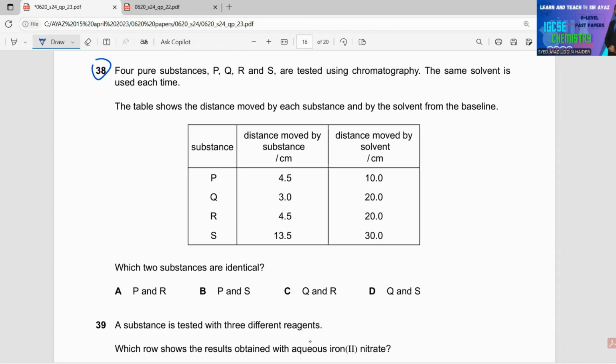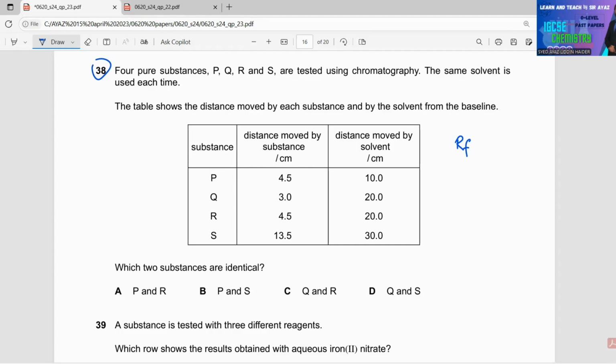We have substances P, Q, R, and S. The distance moved by each of these substances is mentioned here, as well as the distance moved by the solvent. So what I'm going to do, I will calculate the Rf value for these. You know how you calculate the Rf? It's calculated by dividing the distance moved by the substance by the distance moved by the solvent.